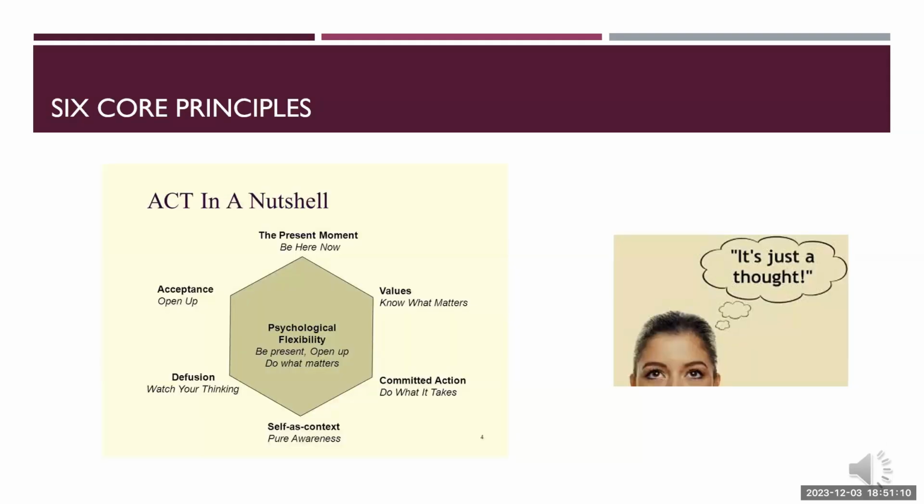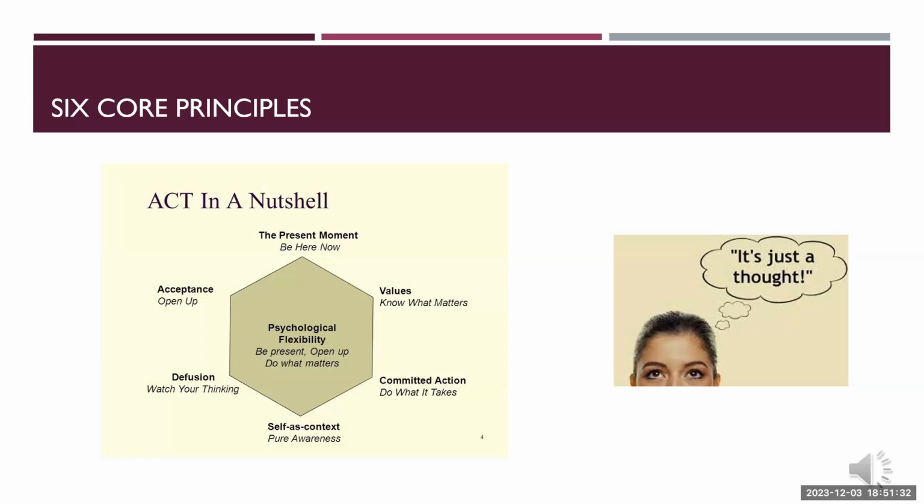There are 6 core principles of ACT, which include total acceptance, as we talked about previously, including all the issues and problems that we're dealing with. And also a focus on the present moment, which is a definition of mindfulness.